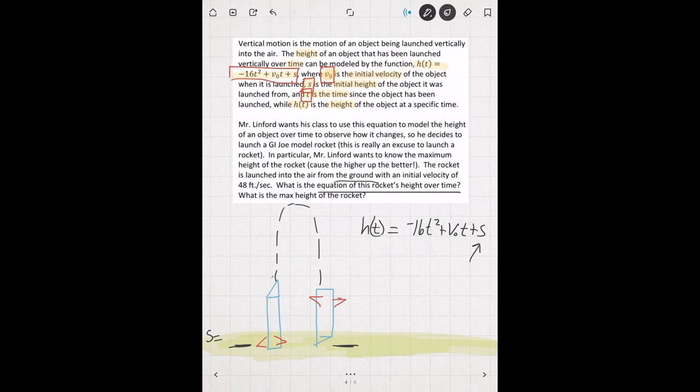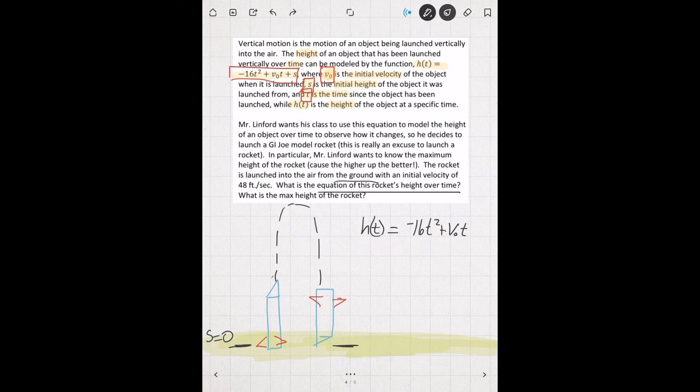And hopefully you're saying that initial height is just 0 because you're launching it from the ground. How high up in the air is the ground? Well, it's 0 feet. So I guess you could write plus 0 here, but you don't really need that. So we don't need to worry about the initial height s. We haven't launched it from high up in the air or anything. We're launching it from the ground, and it's going to land on the ground, so we're good.